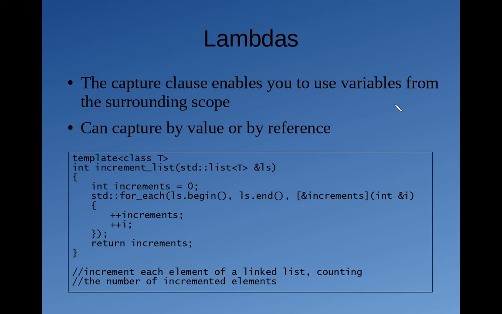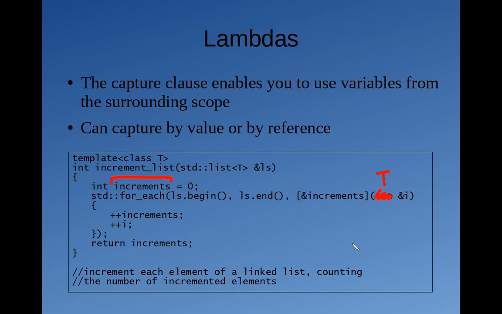It captures this increments variable by reference, so we can use it inside our lambda. Again we have an int ref parameter to that lambda, which is pretty much the type of the element. That's actually wrong. That should be T ref, not int ref.